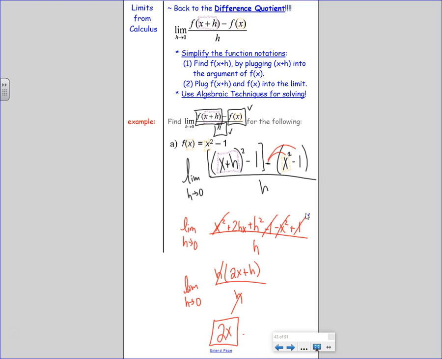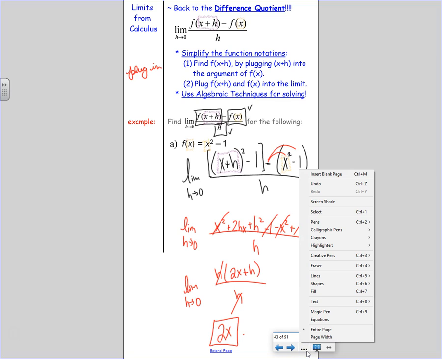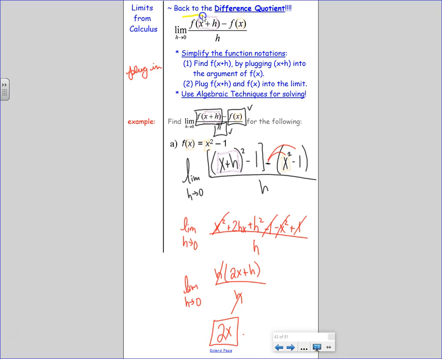So, real quick, before the question, at the very top, simplify the function notation, aka you can think plug in. Use algebraic techniques for solving. So the easy way of thinking about it is, for the difference quotient, figure out how to plug into the formula. Does that mean you need to know the formula? Should we maybe put a yellow box around it? Think this guy's important?